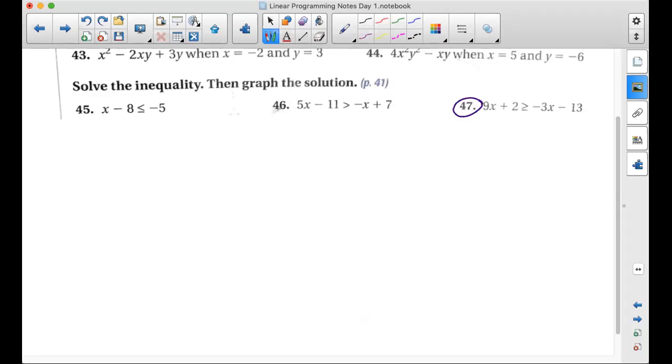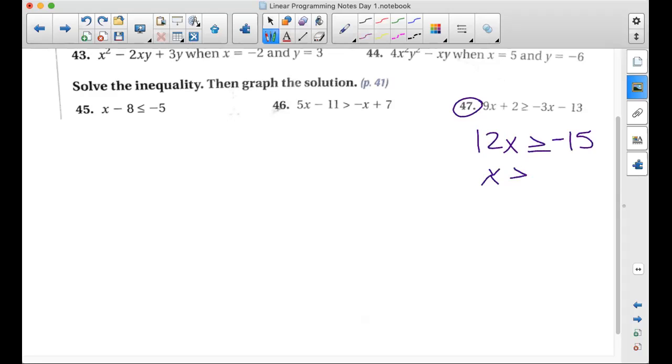Ella. Good. So it'll give us 12x. And then if we move this 2 over to the left-hand side, that will give us negative 15. And so now to get this x alone, we're going to divide both sides by 12.